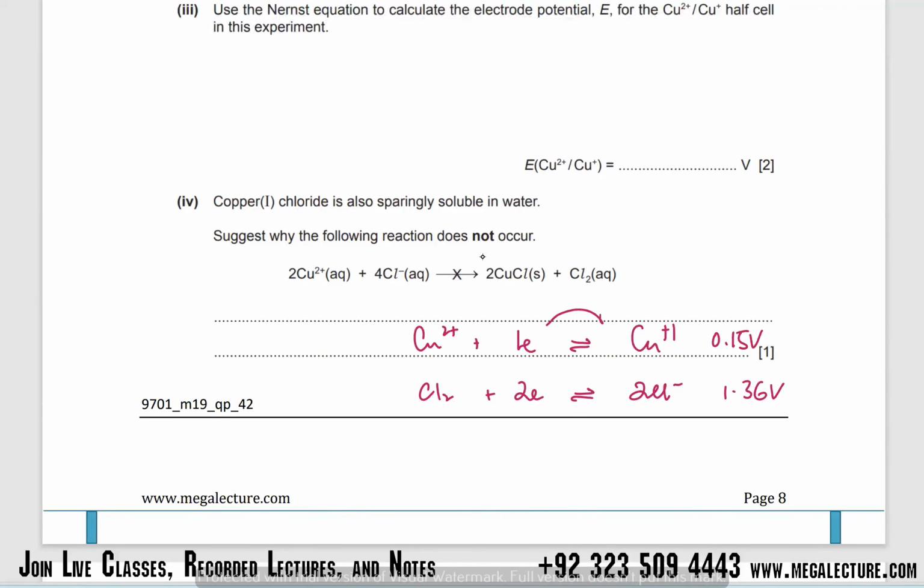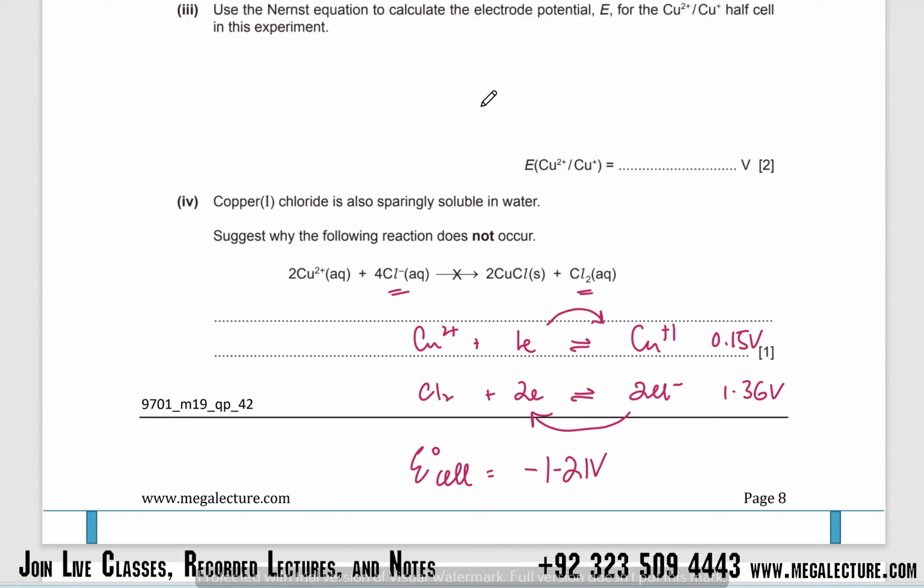He wants copper 2 plus to gain electrons. He wants Cl minus 1 to turn into Cl2, right? So he wants this to go in the backward direction. So is this feasible or not feasible? Not feasible. TK, so what's the E0 cell now? Minus 1.21.